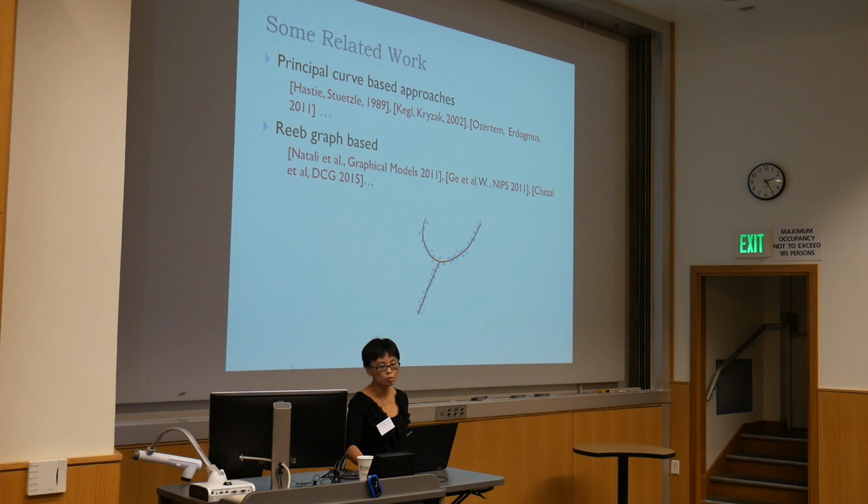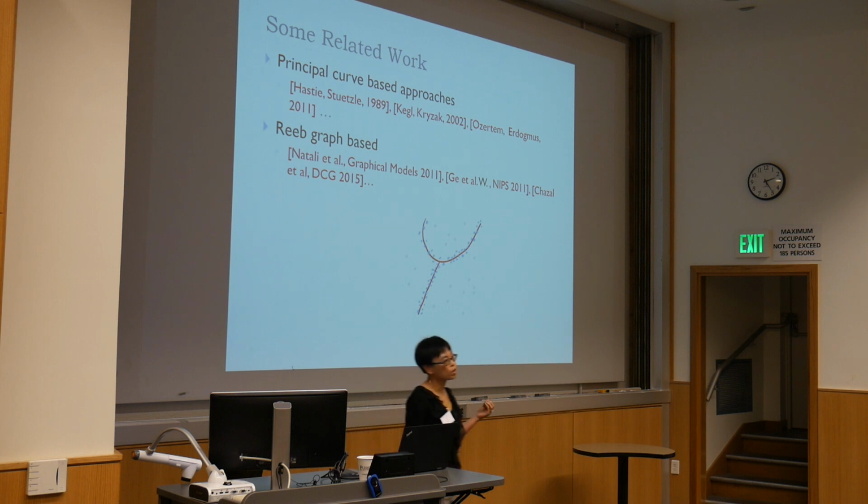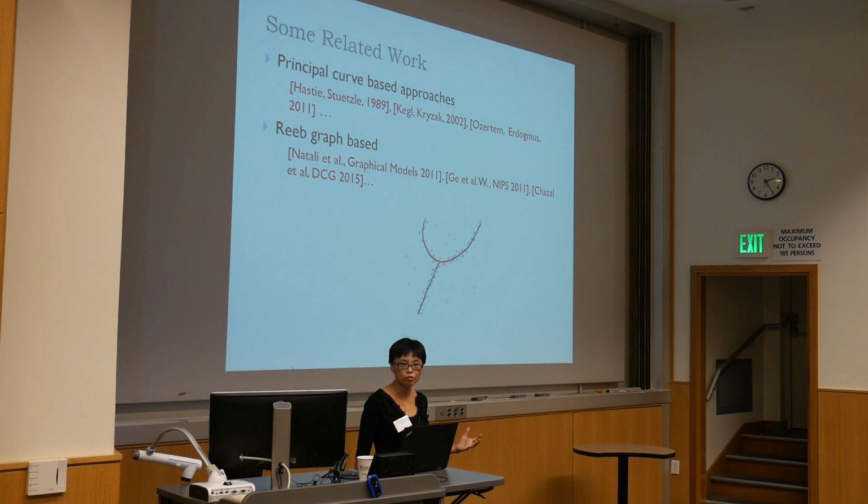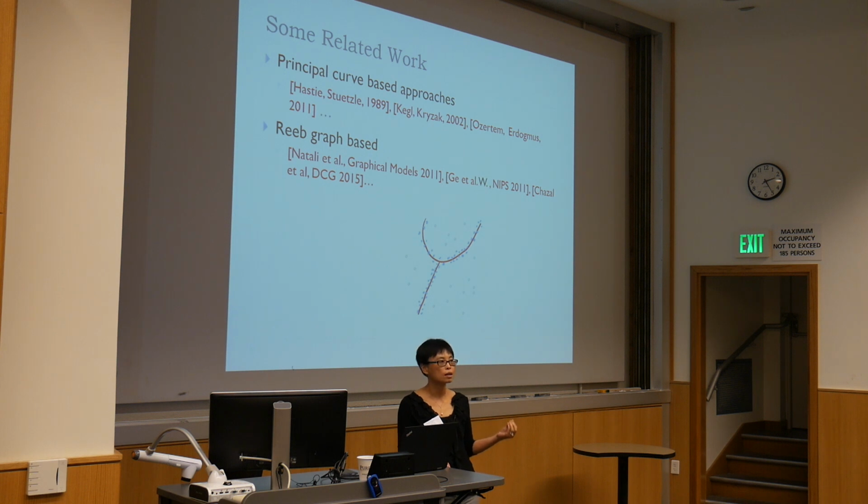For this kind of setup, I can use something called the Reeb graph to help me to extract the hidden structure, and there are certain theoretical guarantees that one can provide for that, okay, for the specific setting. The Reeb graph is a global structure, so the advantage of this is that it tends to be able to identify the junction points more reliably, which is in general challenging when you have singular manifold type of structure.